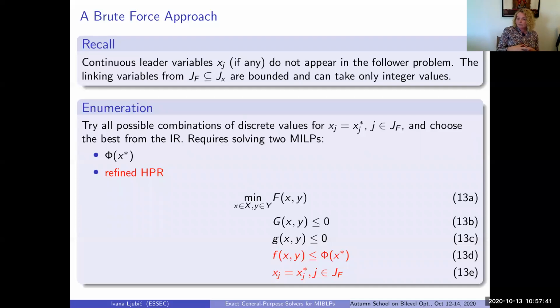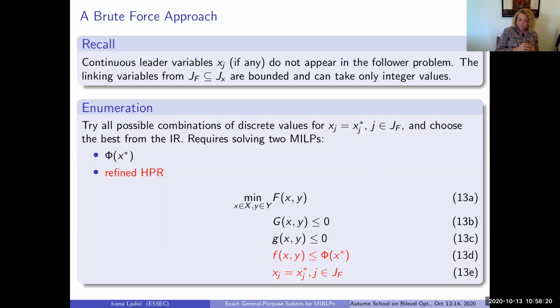Instead, from the theoretical point of view, we could exploit this, but of course, embed it in a more sophisticated branch and bound approach, because we know that we have the HPR relaxation, and we know that HPR itself is a MILP, which means that likely, if we start with the HPR relaxation and do cutting and branching, we will save a lot of unnecessary enumerations of these points. And so this is the idea of the basic branch and bound approach that I will show you in the next slides.